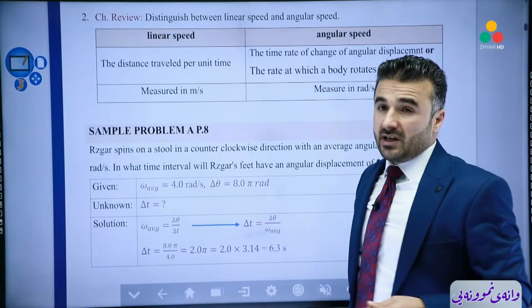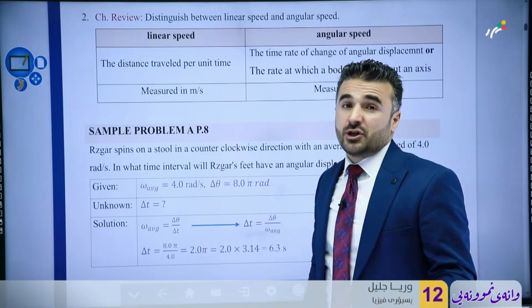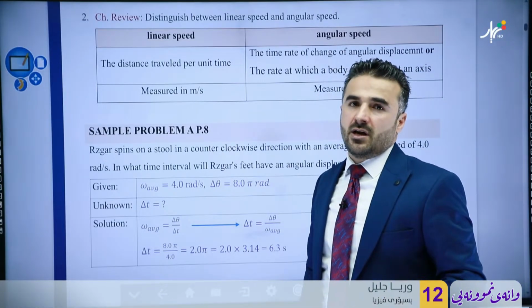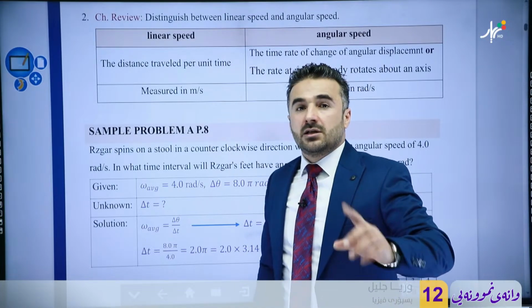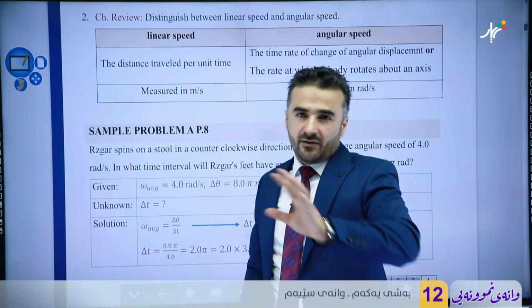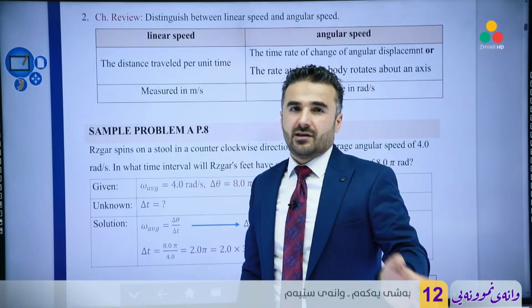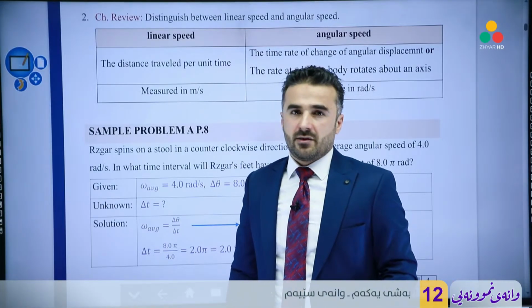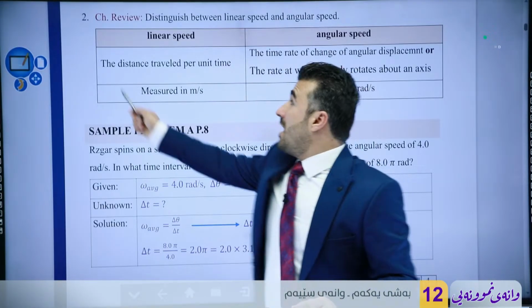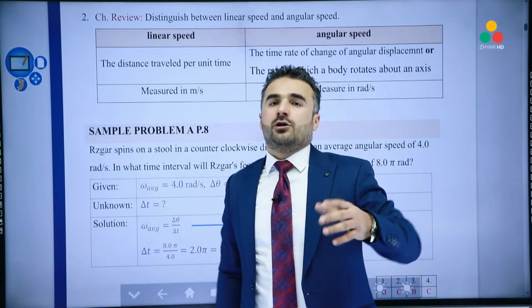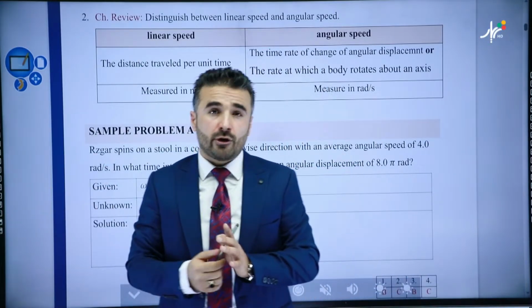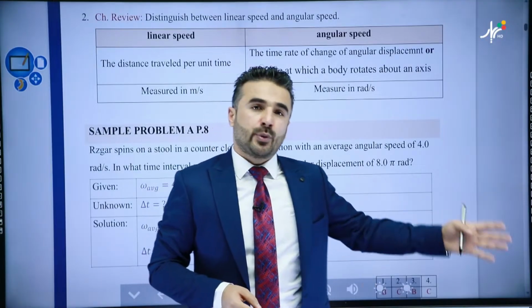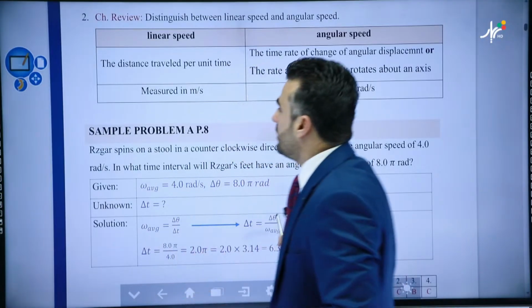And angular speed is basically the rate at which a body rotates, or the rate of change of angular displacement, because when we say the rate of, that means divided by the time already. So linear speed is measured in meter per second, while angular speed is measured in radian per second. All right, now let's move on.